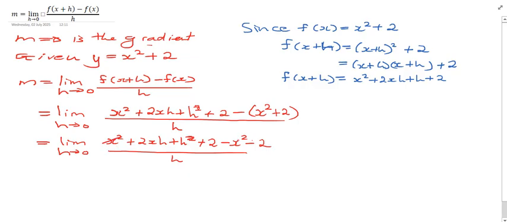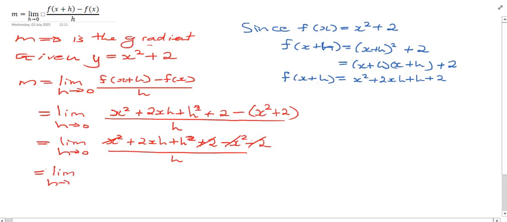So that's x squared, and that x squared will cancel. That positive 2 and that negative 2 will cancel. And we have the limit as h approaches 0 of 2xh plus h squared over h.